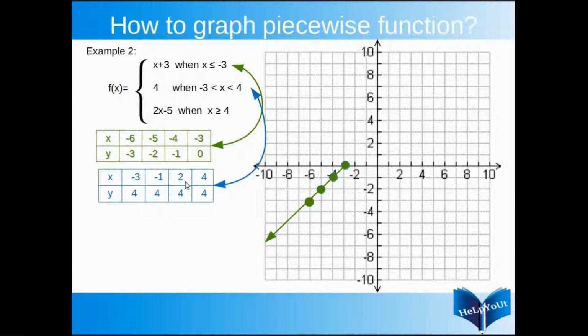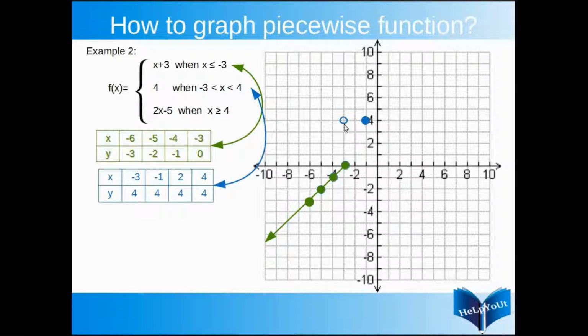I have taken minus 1, 2. I could have taken x equals 0, 2, but I have just taken all these values. And at 4 again, x could be smaller than 4, but it can be really close to 4, say 3.999 something. For that, again y is equal to 4. I am going to plot all these points here.